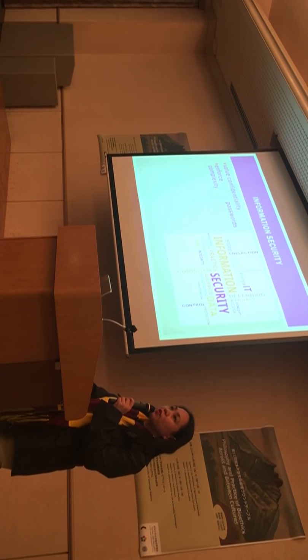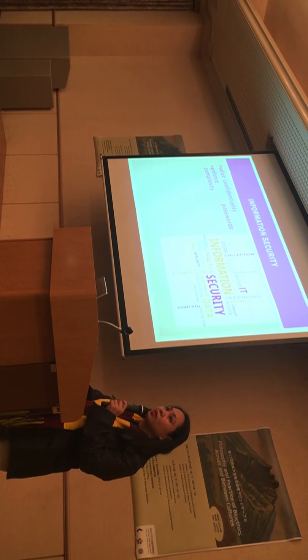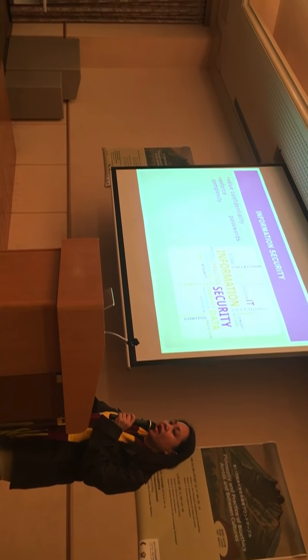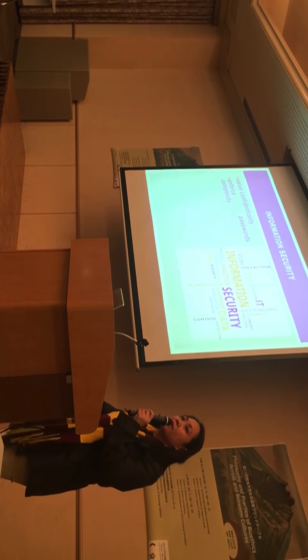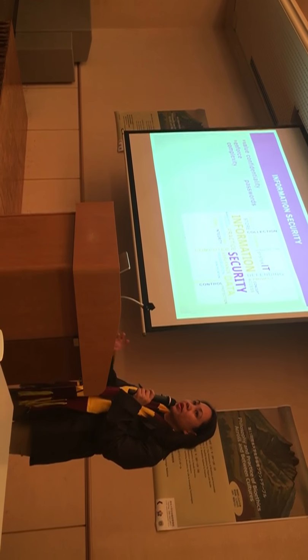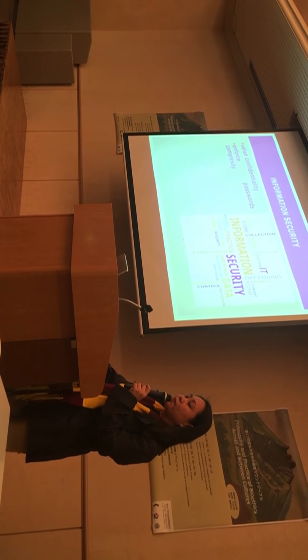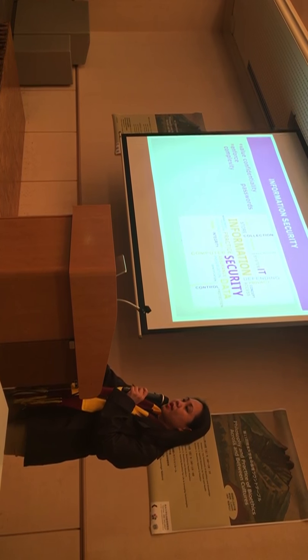For the information security, we would like to talk about how the employees value confidentiality and how they give importance to creating and using their username and passwords when entering the system.